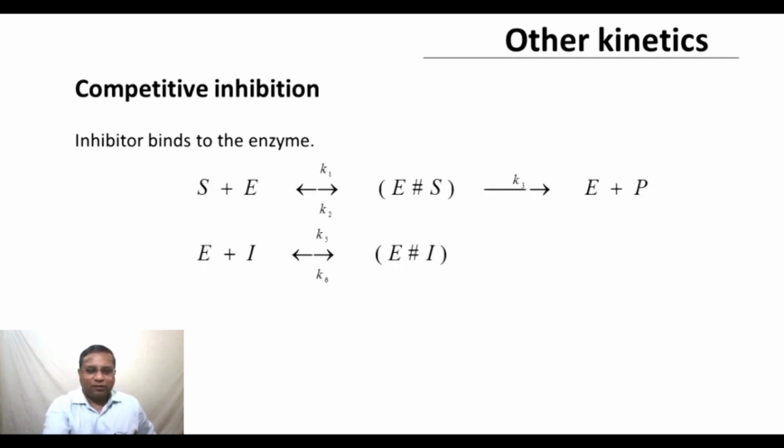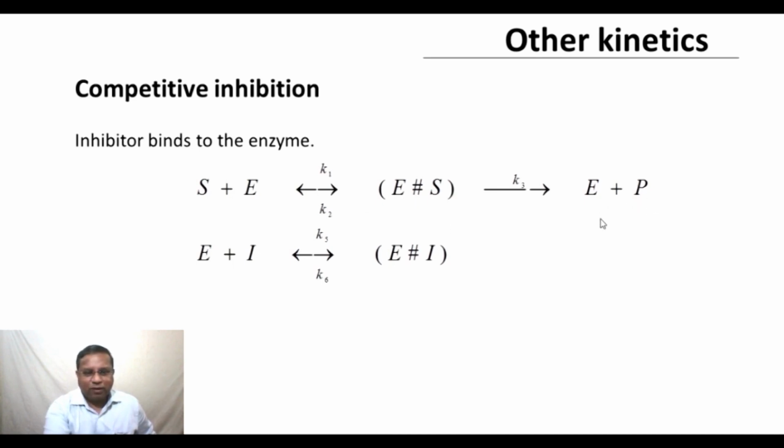In other words, the reaction scheme is like this. The substrate plus enzyme, they bind together to give you the enzyme substrate complex. This is a reversible reaction, K1 forward rate, K2 the reverse reaction rate. An enzyme substrate complex gives the enzyme and the product.